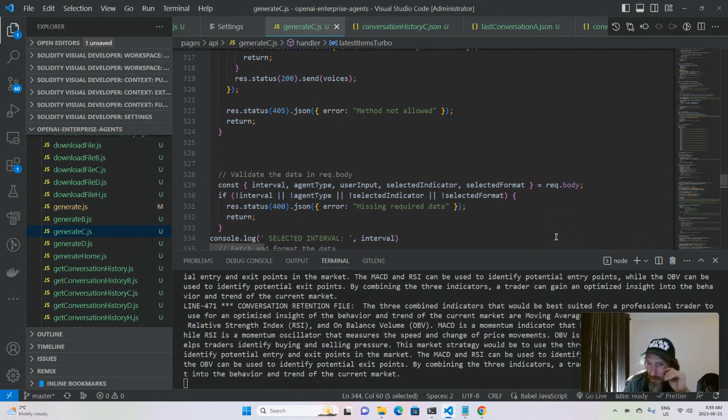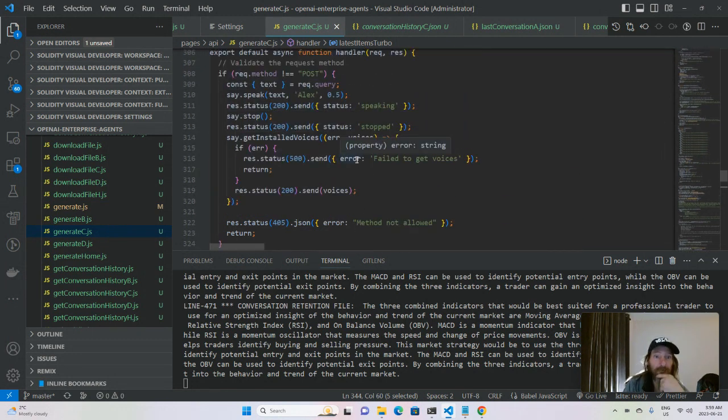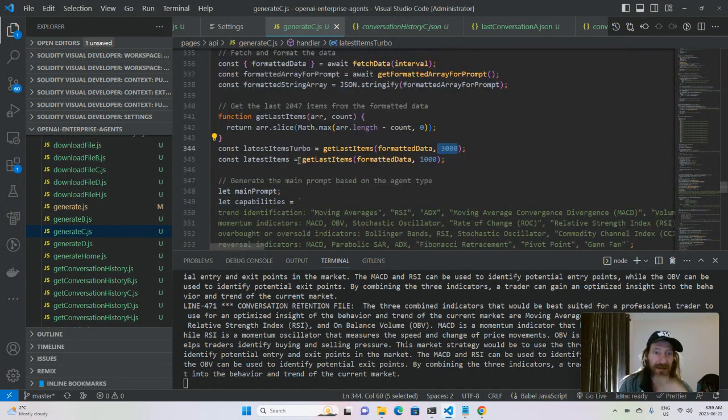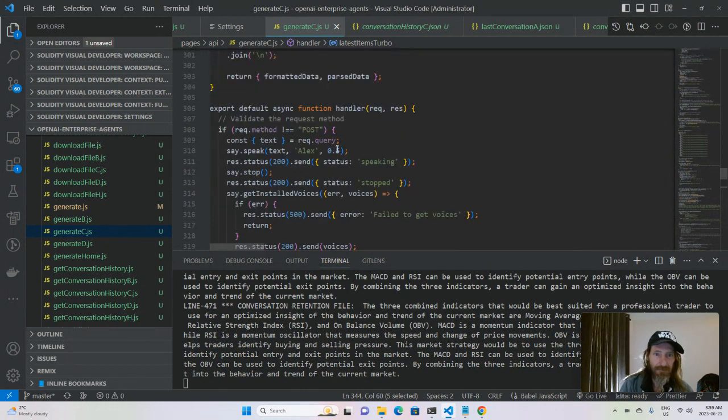So to put just 500 pieces into the prompt is way too much. So I do have to break it down, like I said here, in my handler.